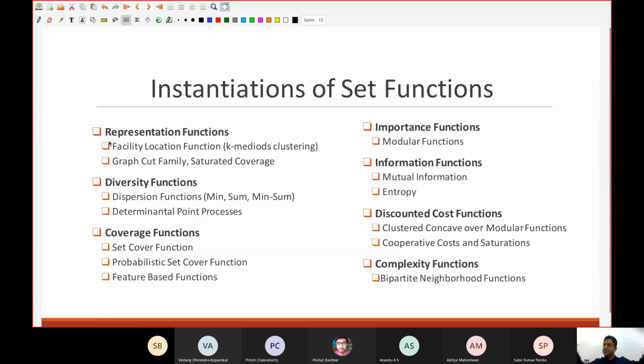That's a representation. We see graph cut also, saturated coverage examples. Diversity functions, which basically look at how diverse, spread out the points are. As I said, these are not submodular. These functions, especially min and sum, are not submodular.